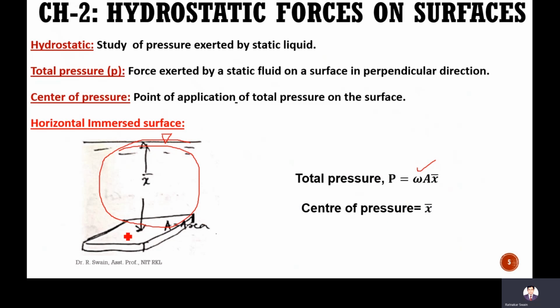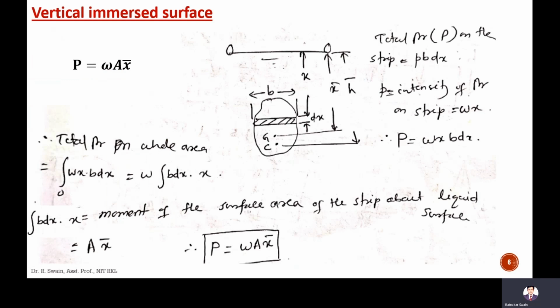Because the surface is horizontal, any point you take is at equal distance from the liquid surface. So x bar, the depth itself, is the center of pressure distance from the liquid surface.